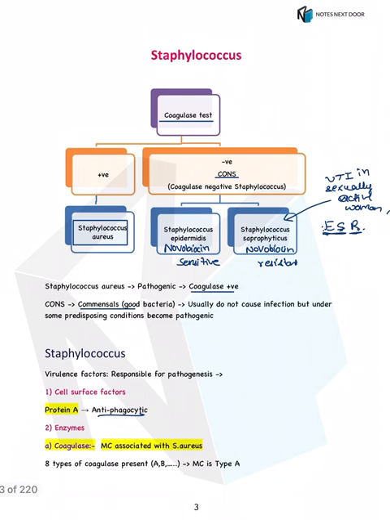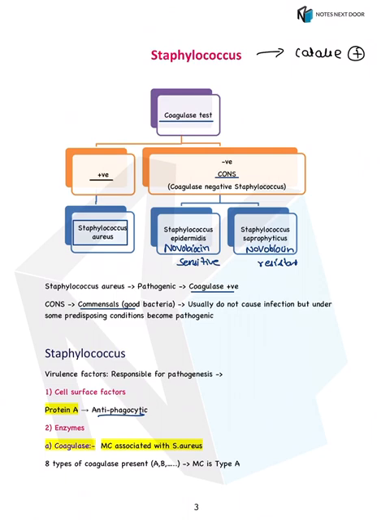Now coming on to Staphylococcus. How do you differentiate? We have catalase positive, and we have coagulase positive and coagulase negative. Coagulase positive Staphylococcus is S. aureus. Coagulase negative Staphylococci are typically catalase positive, and coagulase negative includes two species, Staphylococcus epidermidis and Staphylococcus saprophyticus.